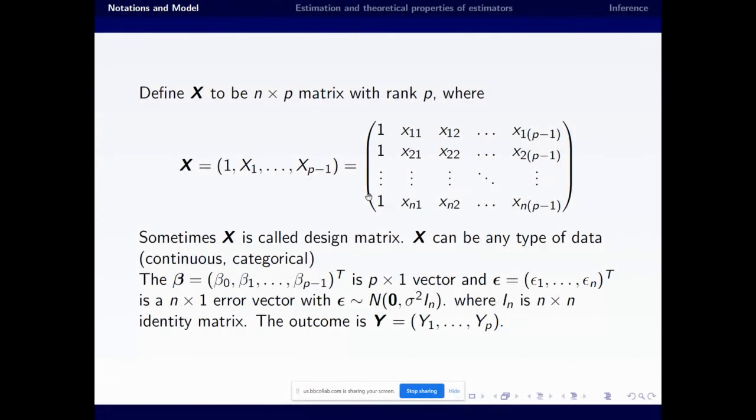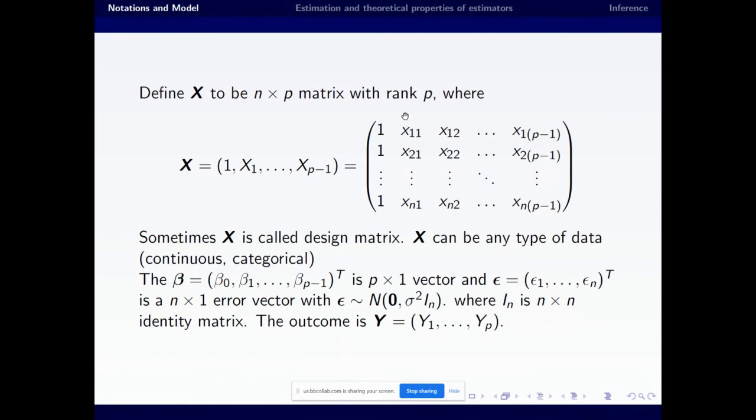As you will notice in the matrix multiplication I'm going to talk about later, these ones play the role of the intercept in the multiple linear regression model. And then we have x1 to xp minus 1, so we have p minus 1 predictors.